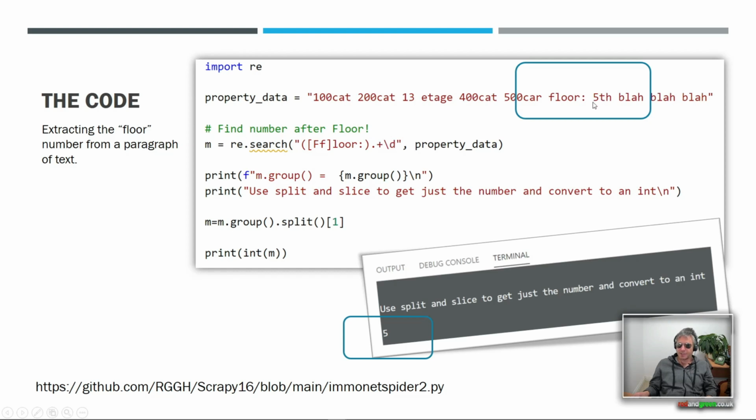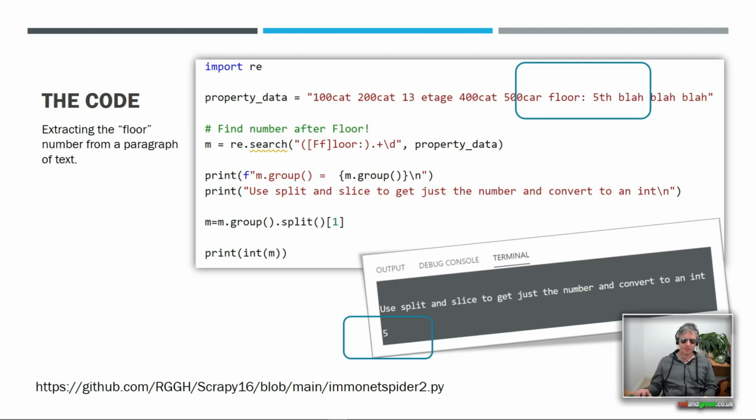So I'm looking for a digit, the first digit, or the first or second digit or third digit. So if there was 115 floors, we should still get all 3 digits. If we didn't split the group, we would end up with floor, semicolon, 5th. And because we only want to get the number 5, then we're splitting it, and then we're just returning the number 5. It's not returning anything after the 5 because we're only looking for the digits.